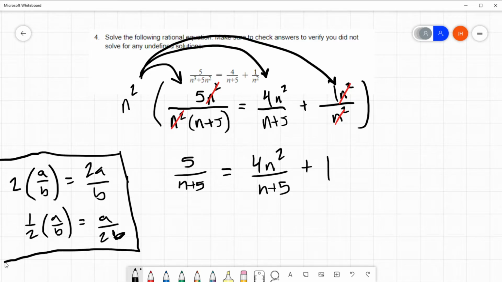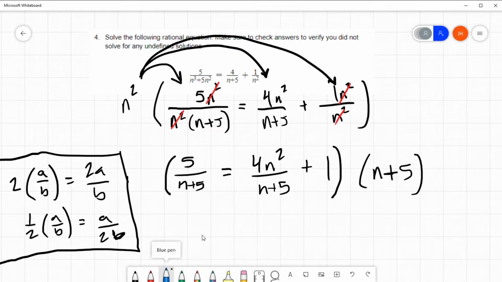Okay. So now that we've gotten rid of n squared, how do you think we can get rid of n plus 5 here? Multiplying by n plus 5. Yeah, exactly.